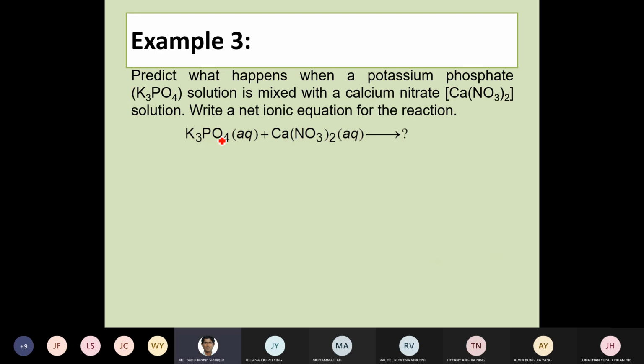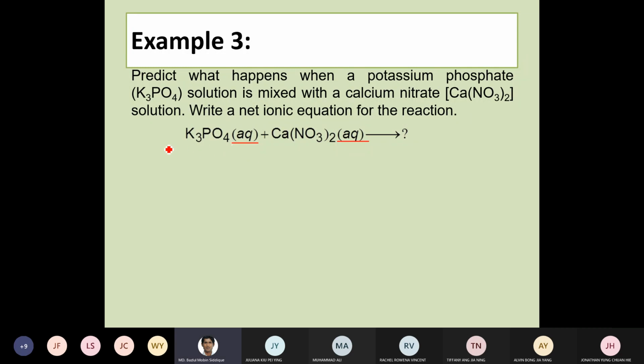The example says: predict what will happen when potassium phosphate solution is mixed with a calcium nitrate solution. So both of them are in aqueous medium, right? Potassium phosphate is mixed with calcium nitrate.